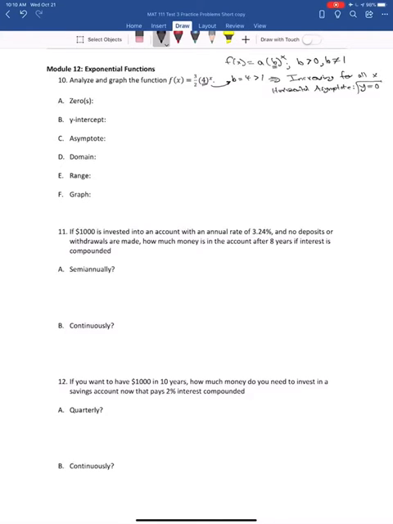For our exponential models of the form a times b to the x power, whether the b value is greater than 0 and less than 1, which are decreasing for all x, or greater than 1 like in this example, increasing for all x, it's still going to flatten out at the x-axis, which means we don't have any zeros.